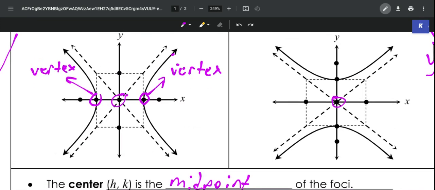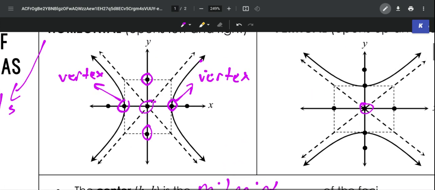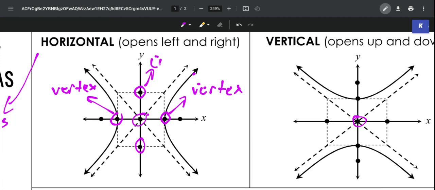All right, so now we'll look at our co-vertices. If those are our vertices, our co-vertices are not on the actual line itself. The only thing that's actually on the line for each of these hyperbolas is the vertex. The center's not on that line, the foci are not on that line, and the co-vertices will not be on the line either. This would be a co-vertex, and this would be a co-vertex.